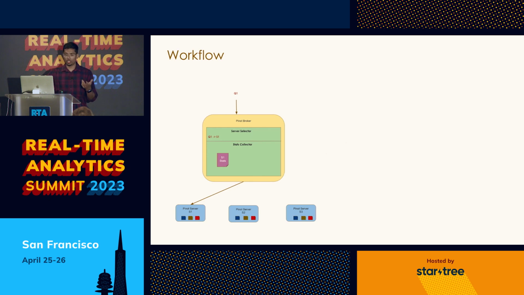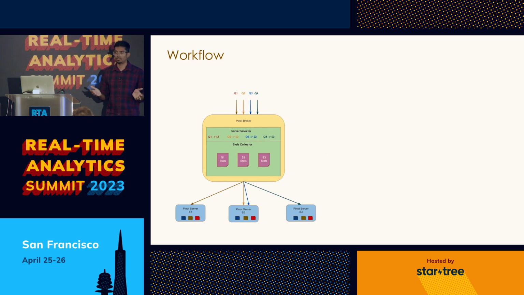So initially, when Q1 comes in, the selection of the server is going to be random, so we pick server S1. The same happens when Q2 comes in, the same happens when Q3 comes in, and finally when query Q4 comes in. Now the broker has enough information about each and every server in the system, so all subsequent queries that come in will be routed by the server selector using one of the algorithms that we've seen, right?